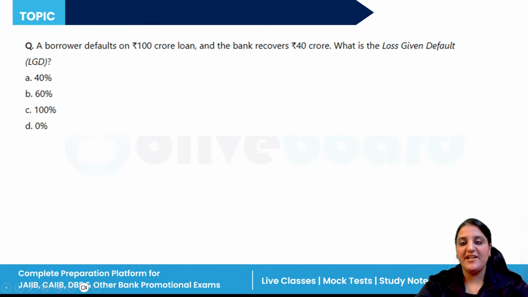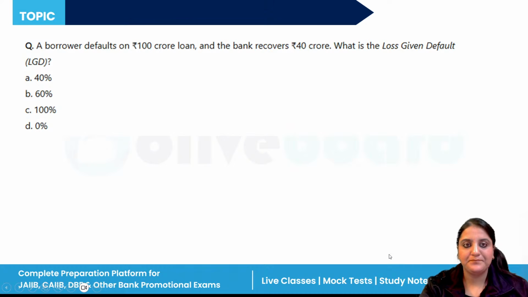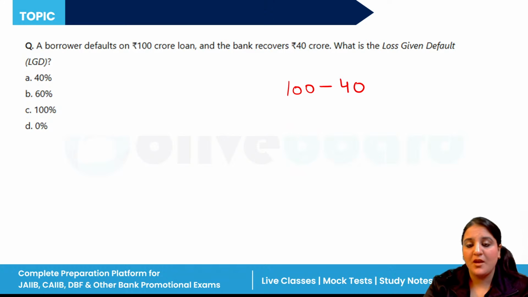LGD. How to find the LGD? Here, what is the exposure at default? Which is 100. How much bank recovers? 40 crore.